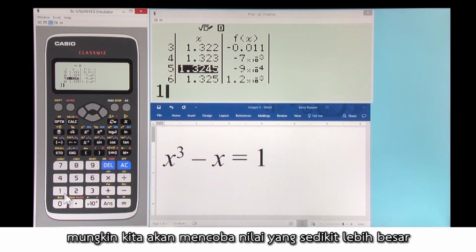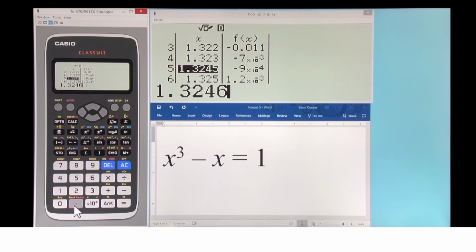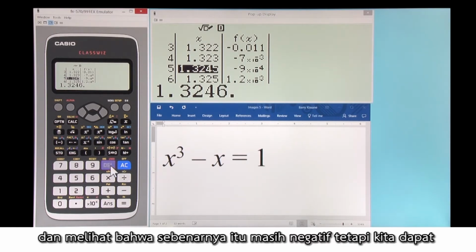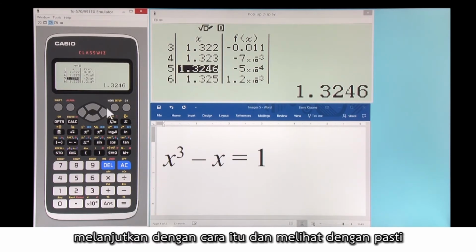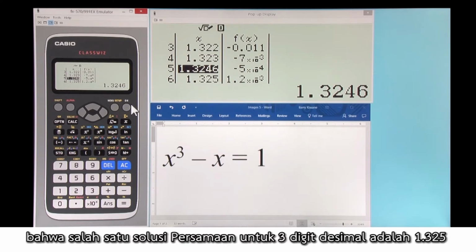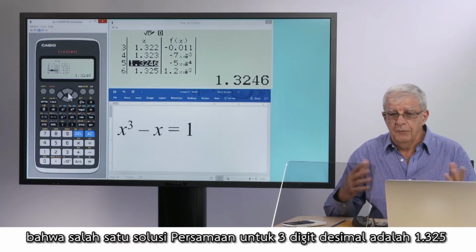Maybe we'll try a slightly larger value. And we see that in fact it's still negative, but we can continue in those ways and see certainly that one of the solutions to the equation to 3 decimal places is 1.325.